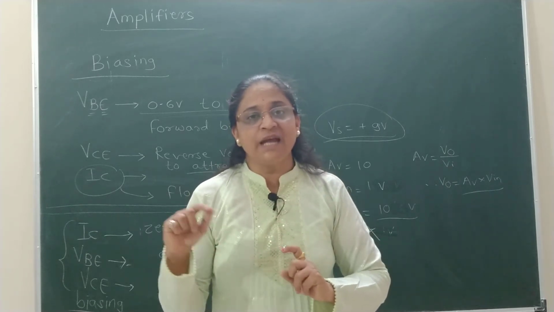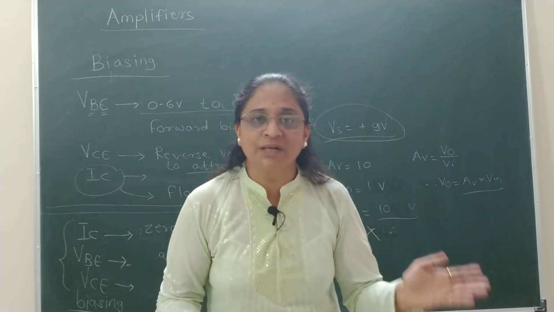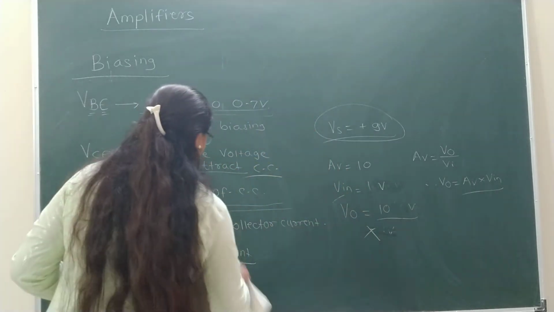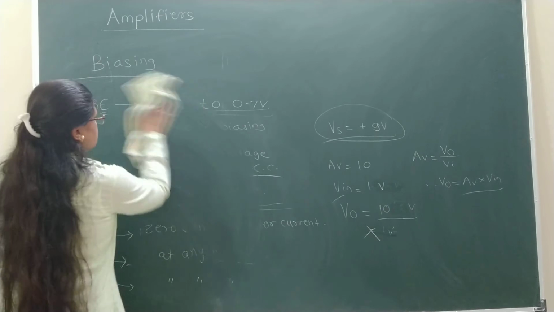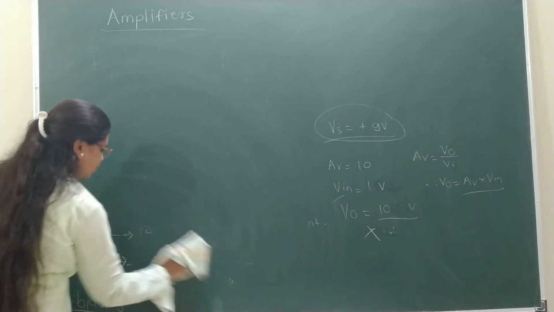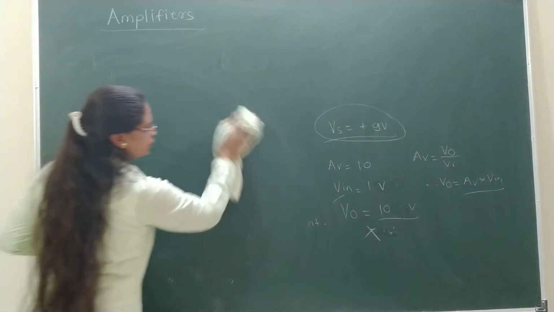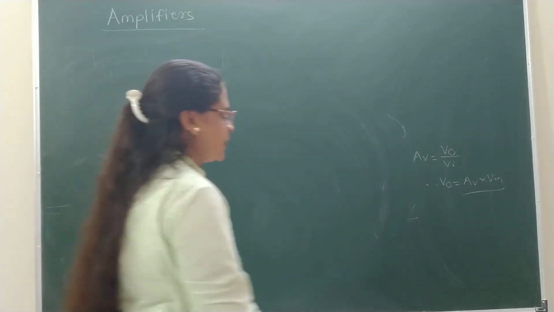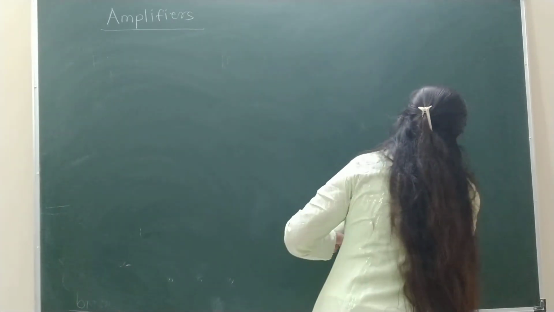How do VCE and IC decide the working condition of the transistor? Yes, we have already discussed these points. That shows as the operating point, Q point, that is quiescent point, Q, quiescent, silent, which is dependent on VCE and IC.